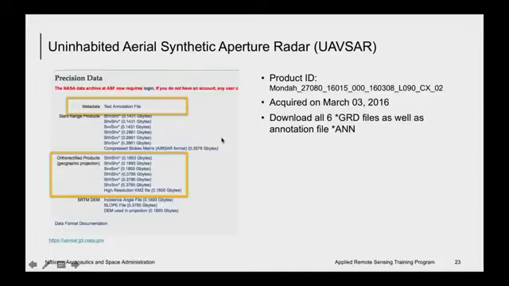Those are in radar coordinates, so it will be very hard for us to overlay the results with other data sets. So we want all 6 GRD files. The KMZ file helps us have a quick look of the data. And we also want a metadata file that's also called the annotation file.